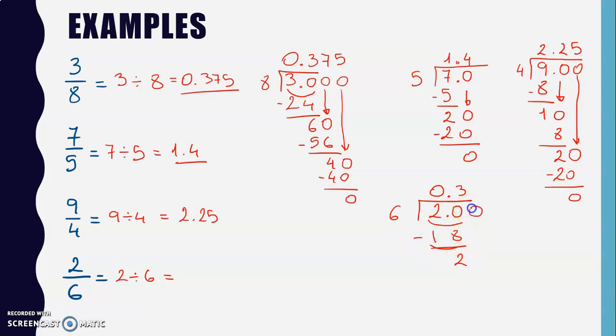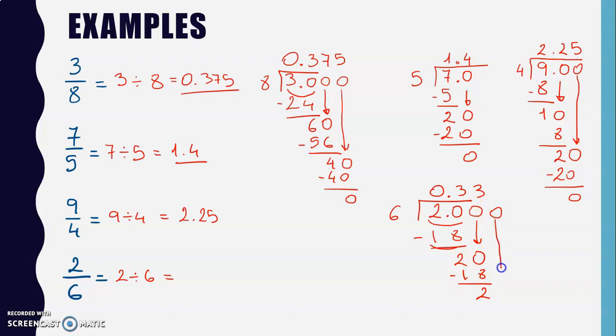So we make use of another 0. We bring it down. And 20 divided by 6 is again 3. 3 times 6 is 18. And we have the same situation again. So 20 minus 18 is 2.